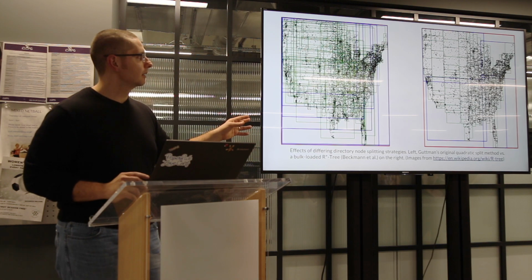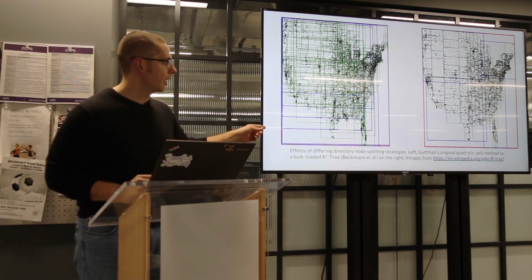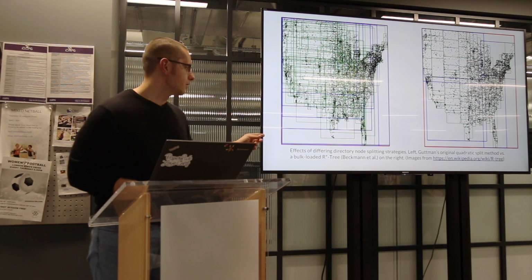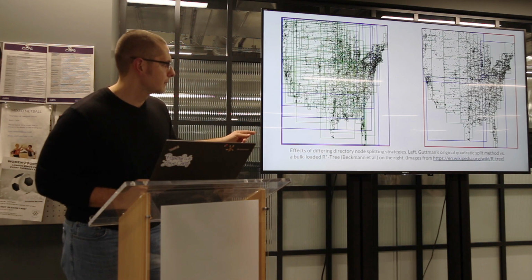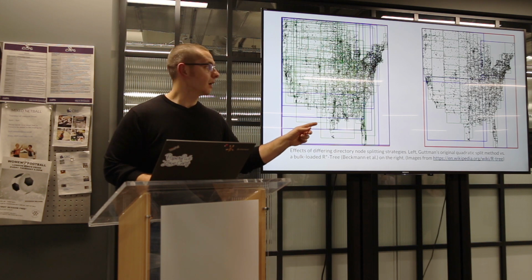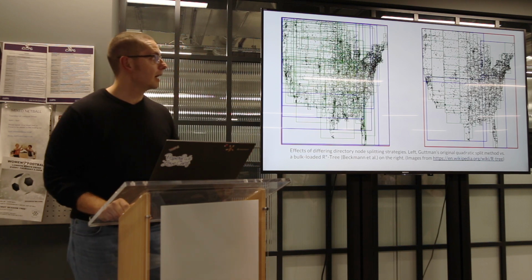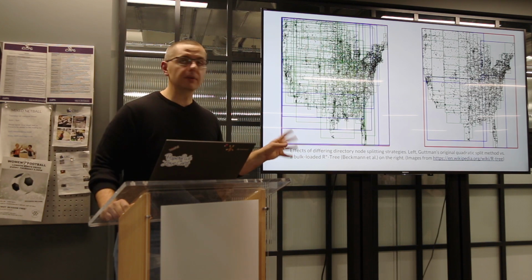So this is a visualization of 2 different R tree implementations. The one on the left is the original quadratic, I think, split method versus the R star tree variant, which is from, I think, the mid-90s, that is bulk loaded.